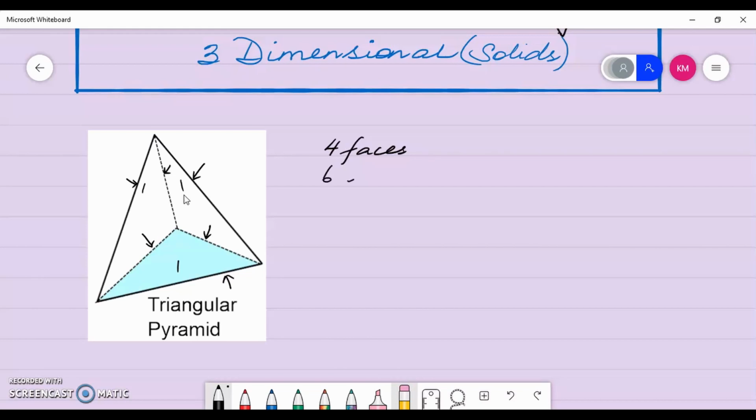So there are 6 edges. Let's see how many vertices. We have 1, 2, 3, and 4. So there are 4 vertices. So that is the properties of just some of our solids.